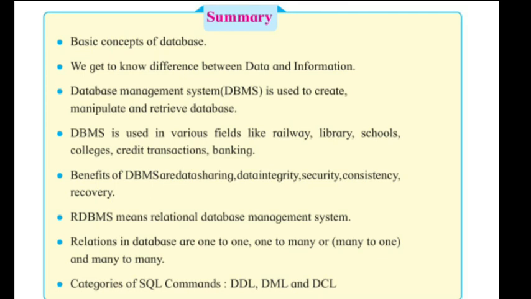RDBMS means Relational Database Management System, and we discussed how it is more powerful and beneficial than DBMS. Thereafter we focused on relationships. There are three different relationships we discussed: one to one, one to many, many to many, with suitable examples. And at the end, we categorized SQL commands into three different types, that is DCL, DDL and DML.